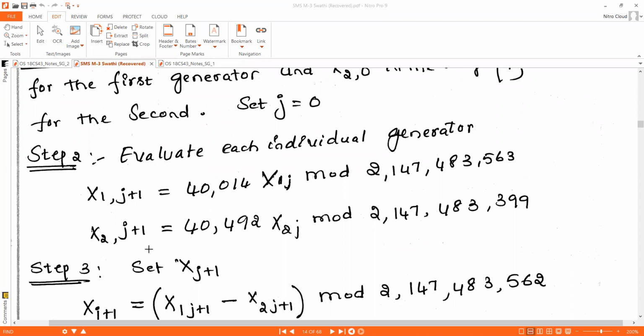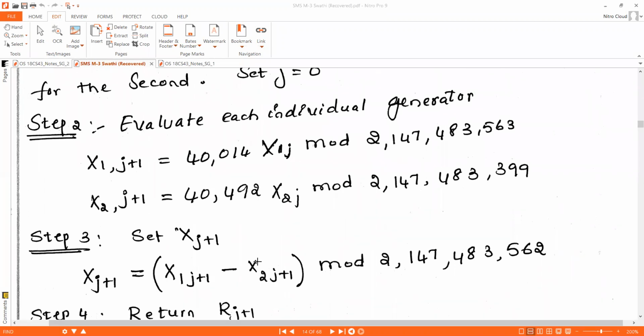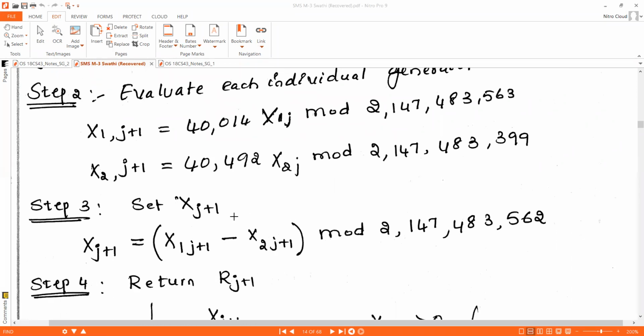Now the next step is to set x j plus 1. How to set x j plus 1? x j plus 1 is equal to x1,j+1 minus x2,j+1, mod 2,147,483,562, that is m1 minus 1.